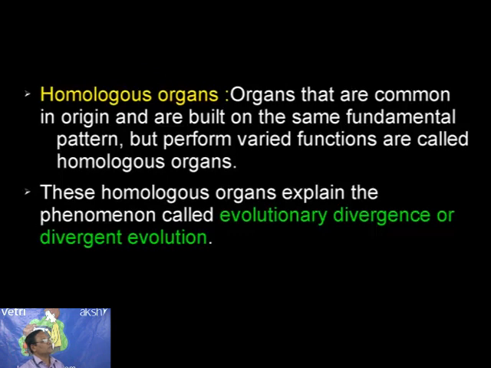Under this comparative morphology and anatomy, we have to talk about certain organs: homologous organs, analogous organs, vestigial organs, etc. Now what do you mean by homologous organs? Suppose we take the forelimb of a horse, of man, of a whale, of a bat, or of birds.